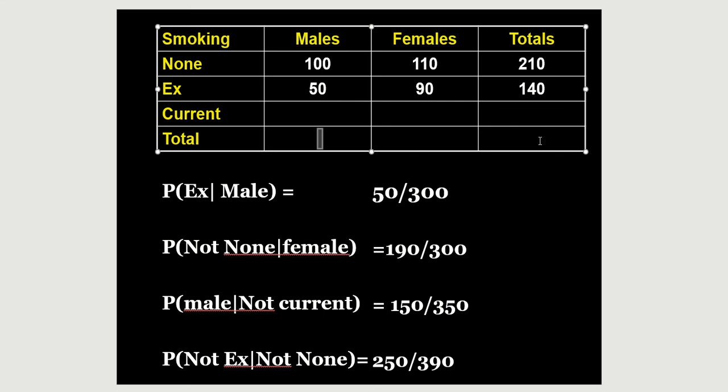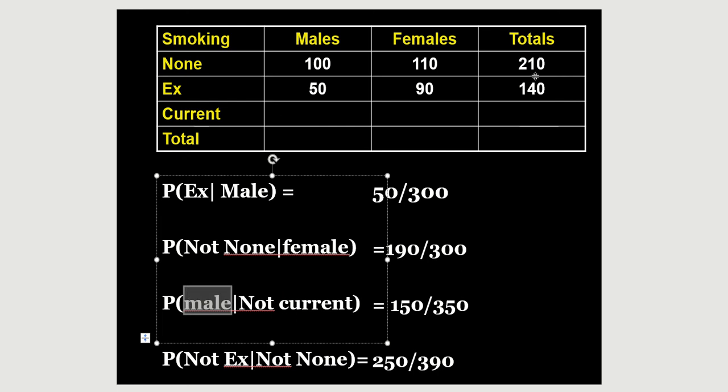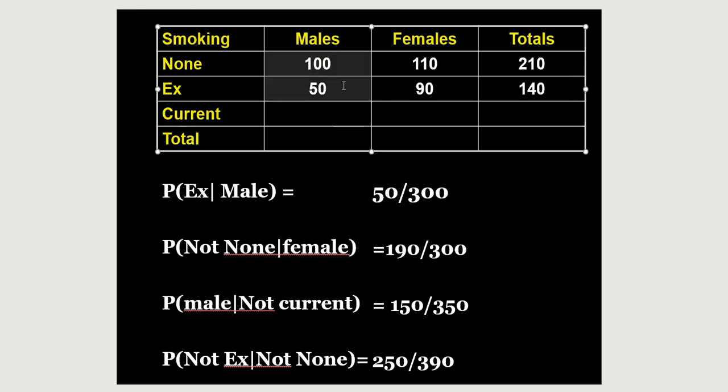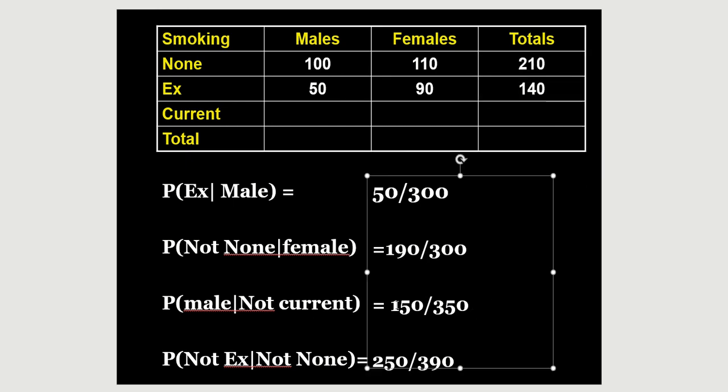And now I only have these numbers in front of me, and the probability is for male. So now out of this table, who are the males? These two cells are the males. So you're going to add them up, get 150, and you're going to divide by the total, which is 350, and that is the answer to that question.